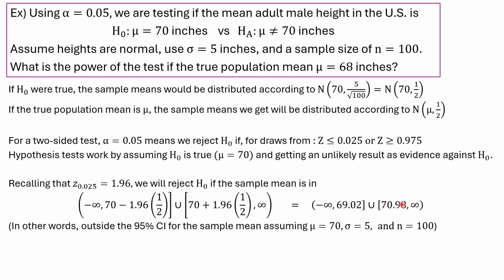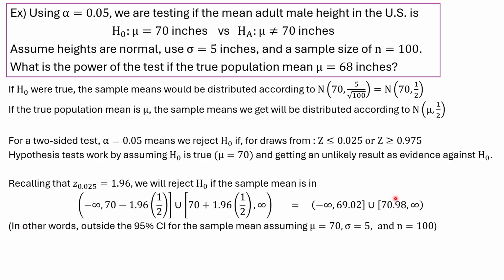So if we got a sample mean of 71, that's in this part here, so we would reject the null hypothesis. If we got a sample mean of 69.85, that's not in here, so we wouldn't reject the null hypothesis. If we got a sample mean of 4, that's way down there, and we would reject the null hypothesis, for example, some values to put in.